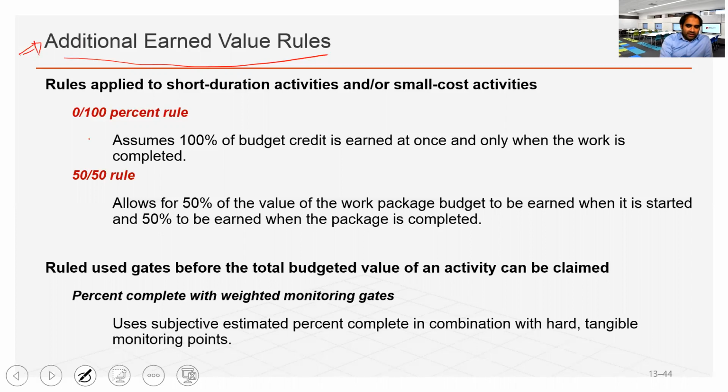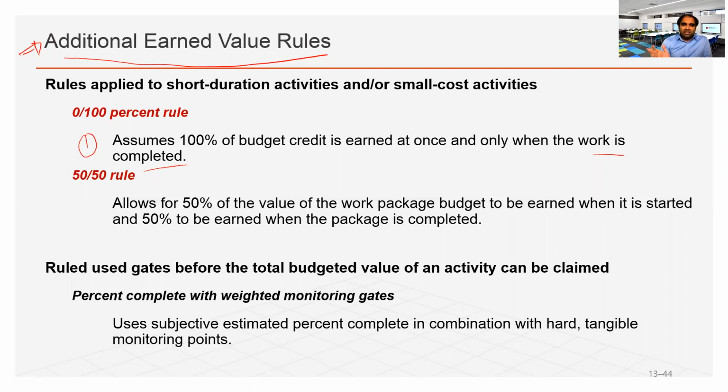Rule number one assumes that we can only allocate 100% budget credit to earned value once the work is completed. So it's either 0 or 100. If we apply this rule, the earned value for task C, which is 90% complete, will still be 0. Unless it is 100% complete, we cannot calculate the earned value.